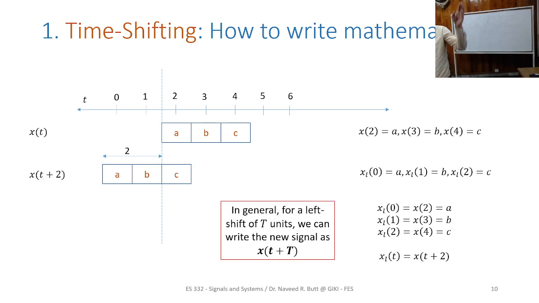What about advance? You repeat the same idea and you will see that the left shifted or the advanced signal is T plus 2. Why? Because now जो भी original में whatever was happening at X2 is now happening at X0.